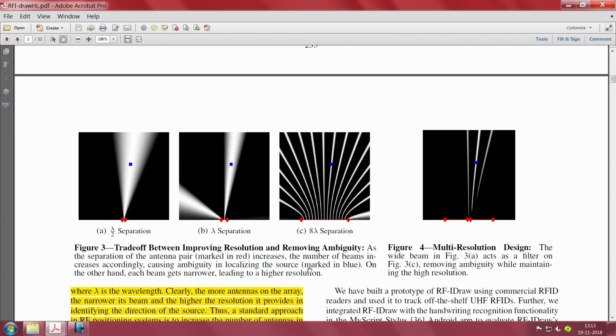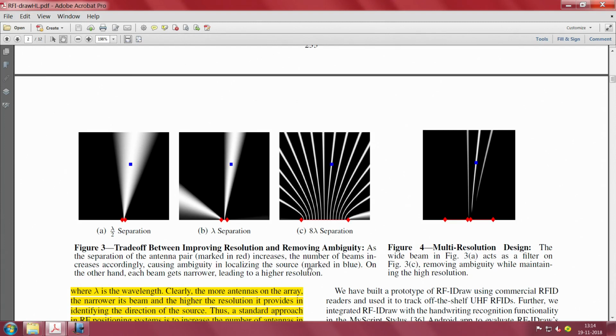If you do lambda separation between the two antennas, then you have two receive antennas. Please note again, I want you to go back to the picture that I showed you. You have this problem that one beam is going in a different direction, and the other beam is actually holding on to the tag.